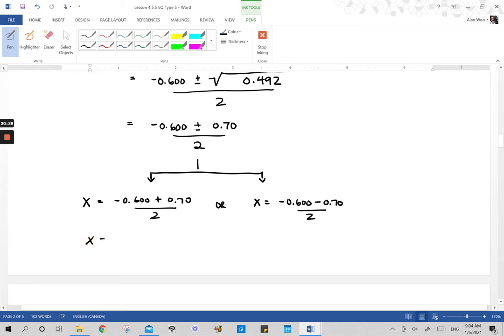this one here ends up being equal to 0.05 molarity. Okay, this one here ends up being a negative value. Okay, because you're going to have a negative numerator and the whole value will be negative.